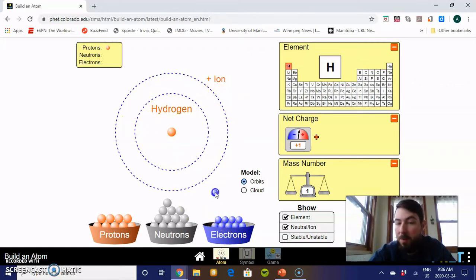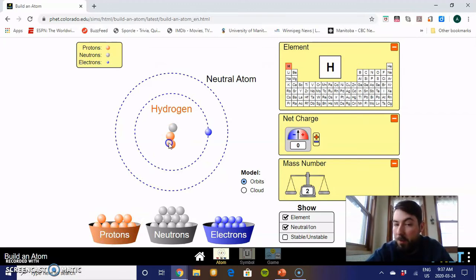But if I put an electron there to balance it out, the net charge is 0 now, and the mass hasn't changed. Remember, it's only the protons and the neutrons that make up the mass. Now if I add a neutron, my net charge hasn't changed, but my mass number is now 2 because we have 1 proton, 1 neutron, 1 plus 1 is 2.